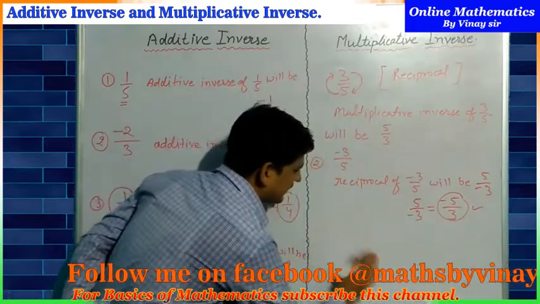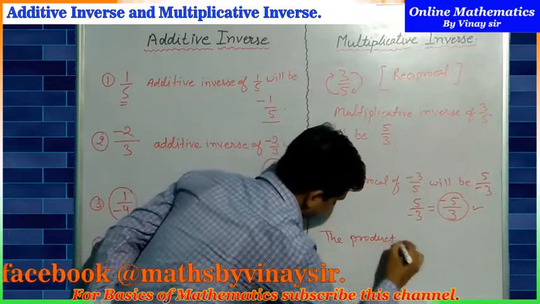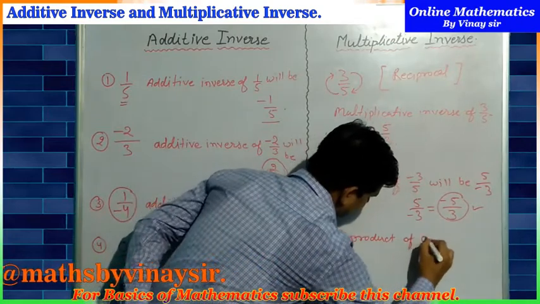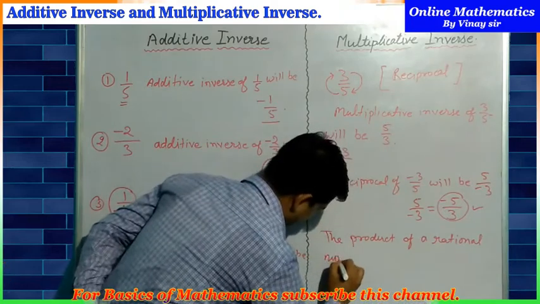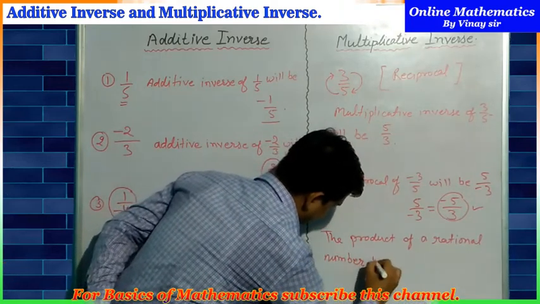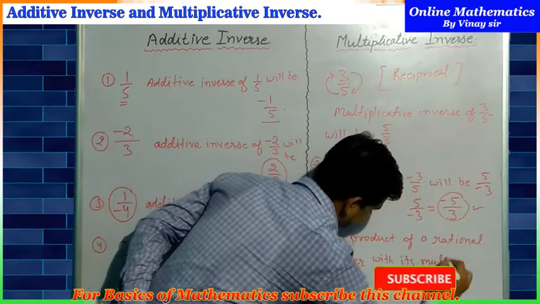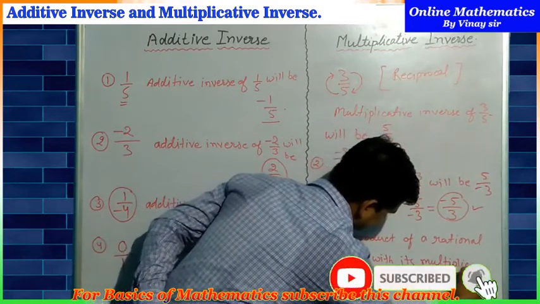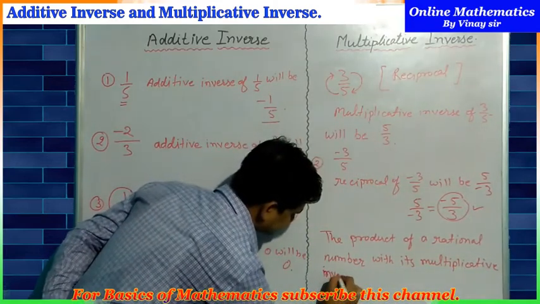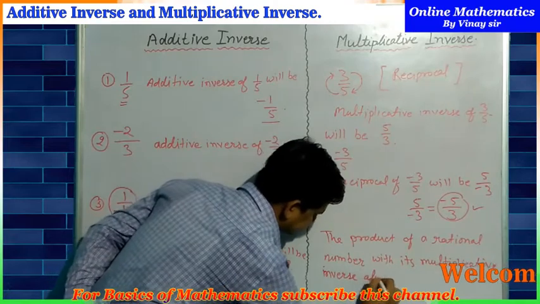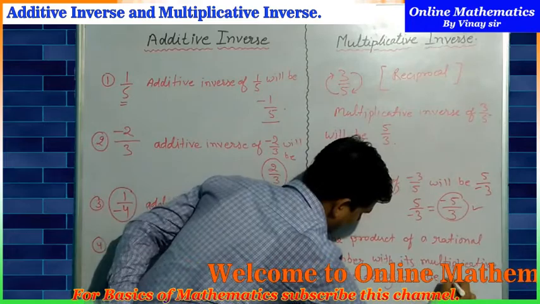We have to remember one more thing: the product of a rational number with its multiplicative inverse will always be 1.